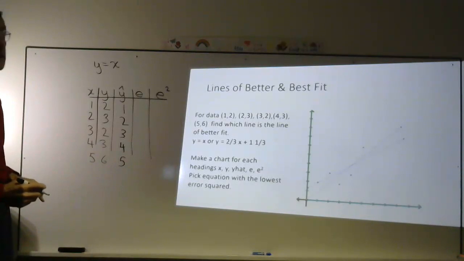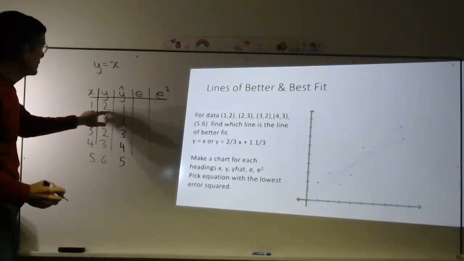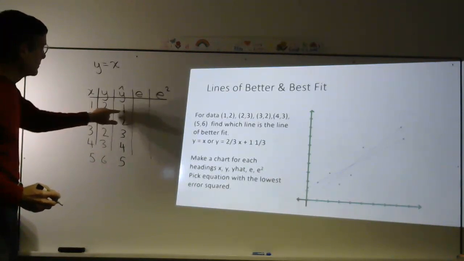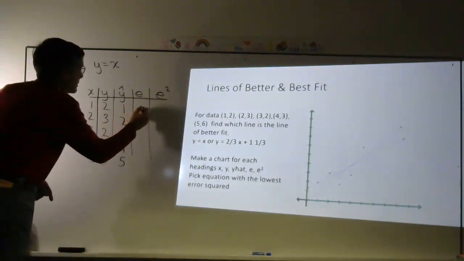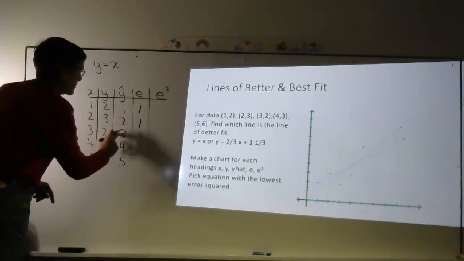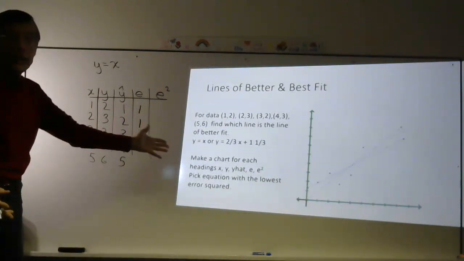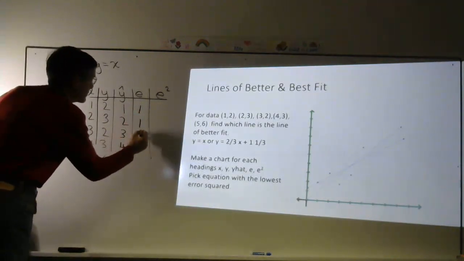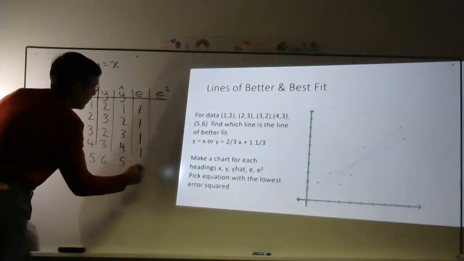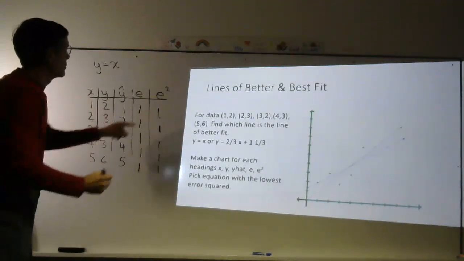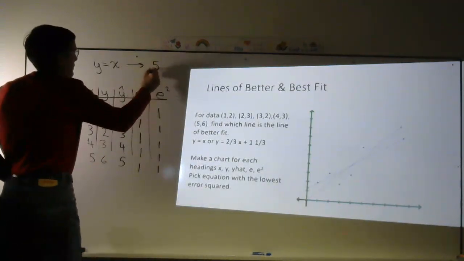Now let's find the error between what the data value really is and what the equation tells me it would be. There's an error there of 1, error of 1. This is technically an error of -1, but because you're going to square it, you're going to get a positive anyway. 1 and 1 squaring is all 1s, and I get a total error of 5.